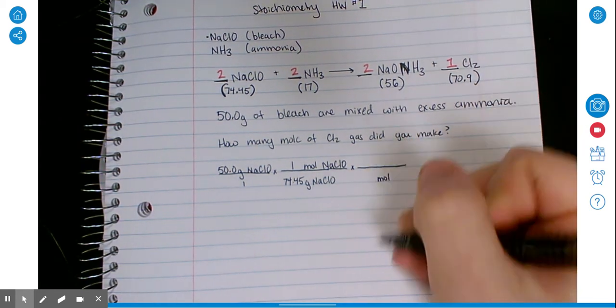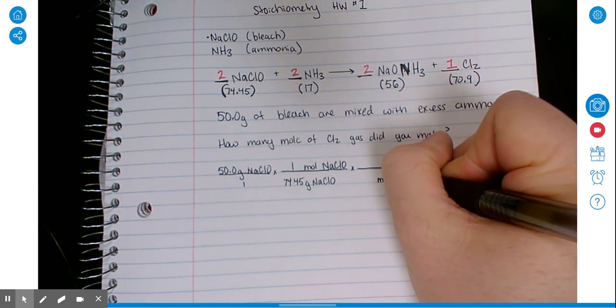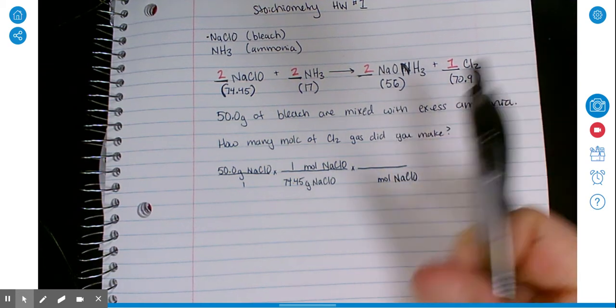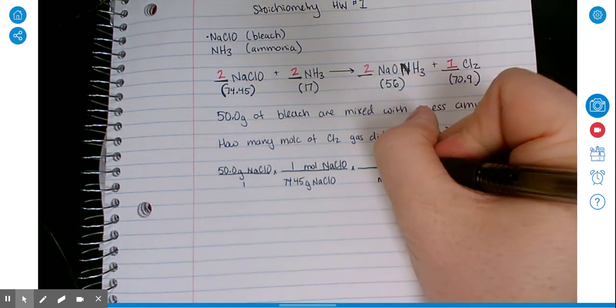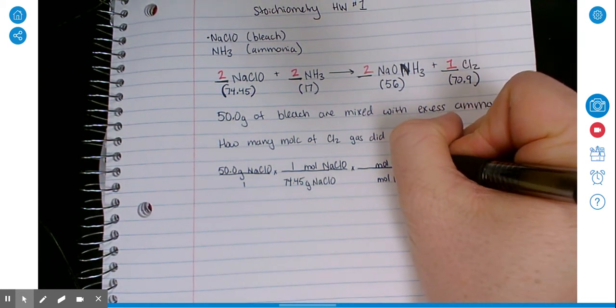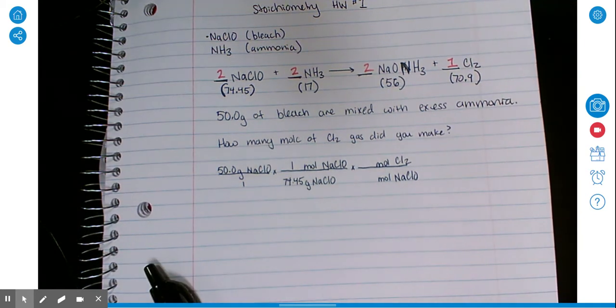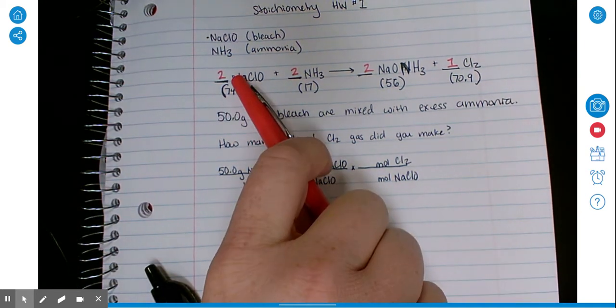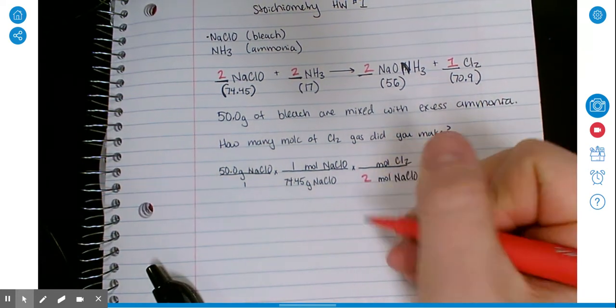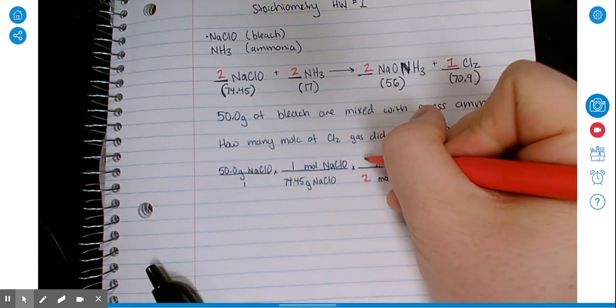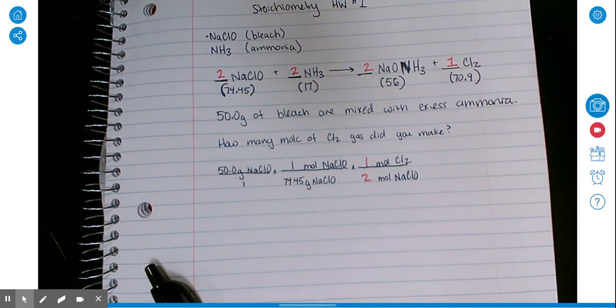Now that I'm in moles, I can switch to another compound. So from moles of NaClO, I can go to chlorine gas. Using my mole ratios, I know that for every 2 moles of NaClO used, 1 mole of chlorine gas is going to be produced.